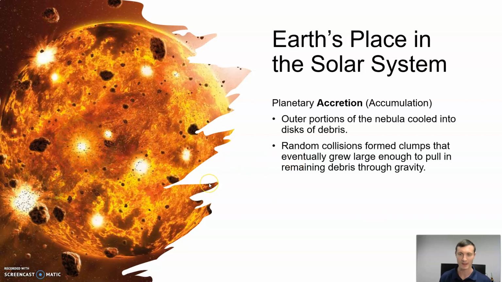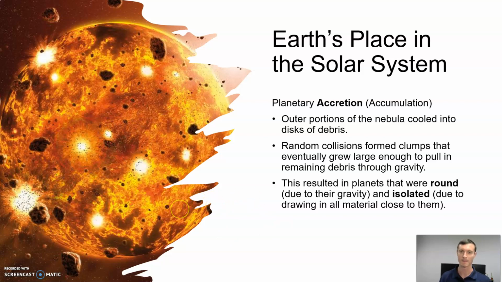And there are these random collisions involved until some of the clumps get smashed into so many times that they start to grow bigger and bigger, and they get big enough to where they can pull things around them just through their gravity and suck in all the remaining debris. And the result is you have these planets, these big rock chunks or gas and ice chunks, which are round due to how much gravity they have, which is a lot, and isolated because they are able to pick up everything that is around them.